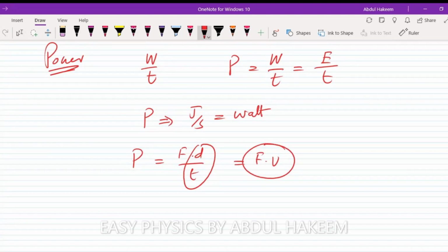This is another formula. If the object is falling down, the force which is bringing it down is the weight. So in this case, the power will be equal to mgv, force times speed.